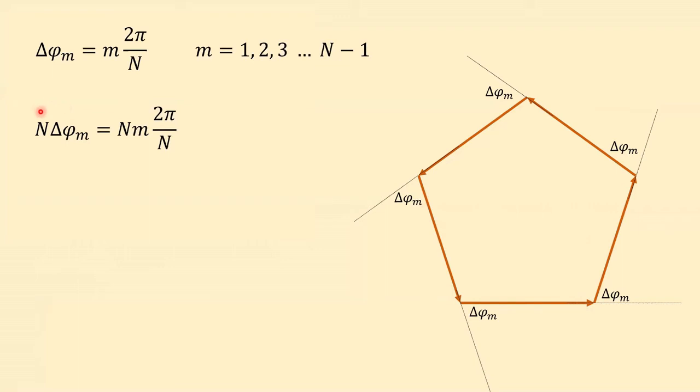So n times the turn from one phasor to the next would be n times this expression. And then you see that capital N upstairs cancels capital N downstairs. And we find that the total turn that you go through is some integer multiple of 2 pi.